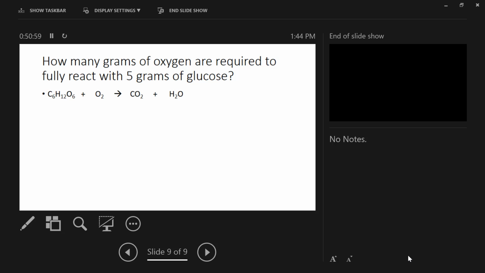Question is, where did this carbon come from? It certainly didn't come from here, right? There's no carbon in oxygen. Where did this carbon come from? It came from the glucose. That's where the extra mass came from. Some of that glucose gave itself willingly to produce the carbon dioxide. Or not so willingly.